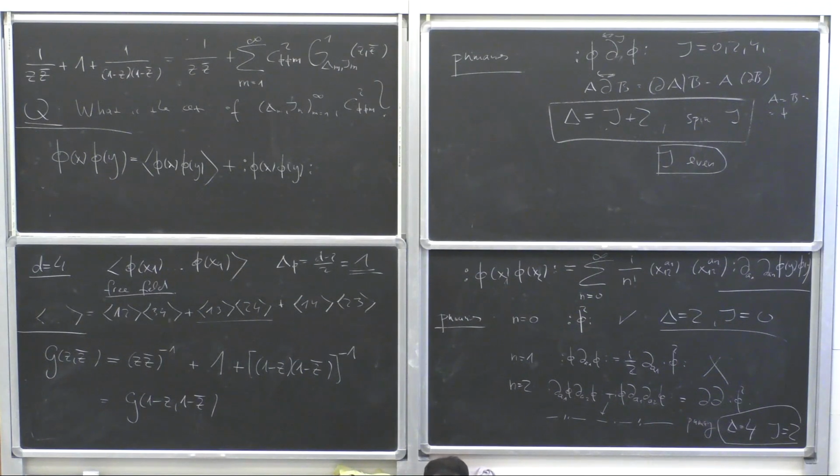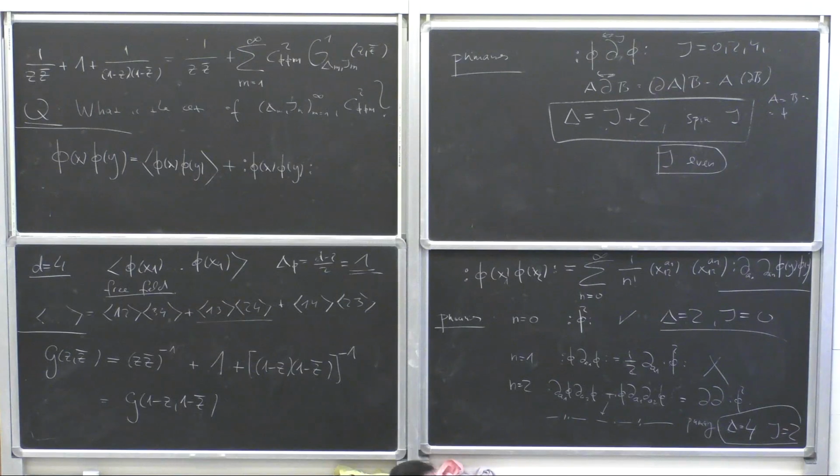So 0, 0 is the identity, right? It's delta equals 0, J equals 0. So let's just check that it makes sense. Yeah, it's 1 over z bar. That's what it should be. So that means that we can, let's just subtract it. Okay, and we still get something non-zero.